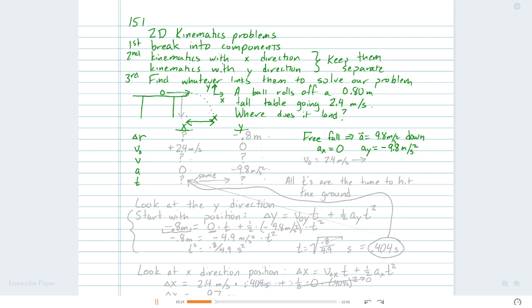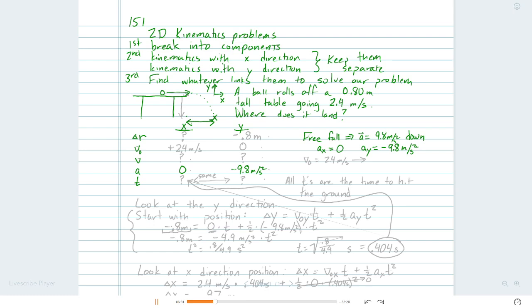Little g is always positive. A might be positive or might be negative. So I have my acceleration here. I'm going to say 0 in x and negative 9.8 meters per second squared in y. It's really 0 meters per second squared, but since it's 0, I don't really care.